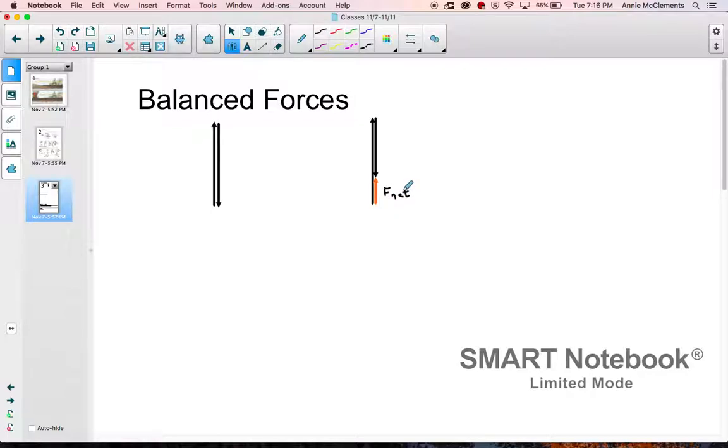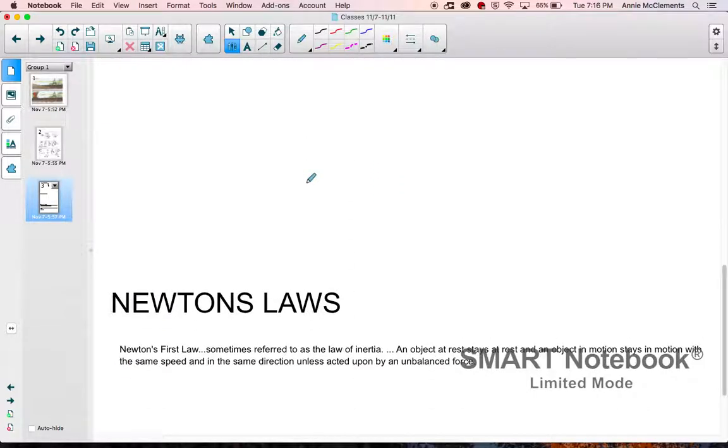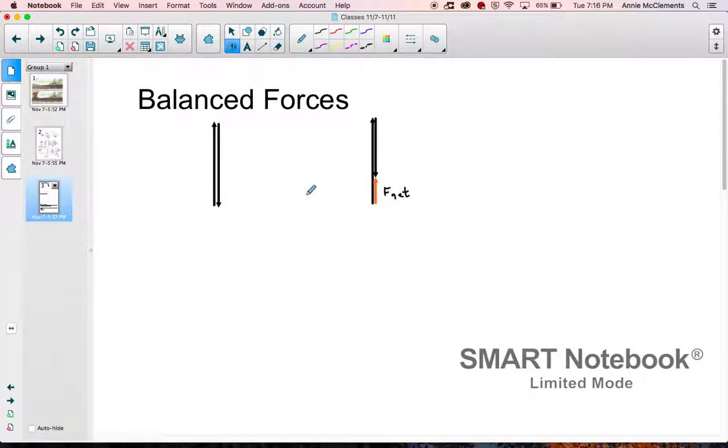So remember, this is balanced and this is unbalanced. In an unbalanced system, you have F net. And in a balanced system, you have no F net, okay? So what I would like you to consider right now is I've told you that in a balanced system, we follow CVM, constant velocity model.